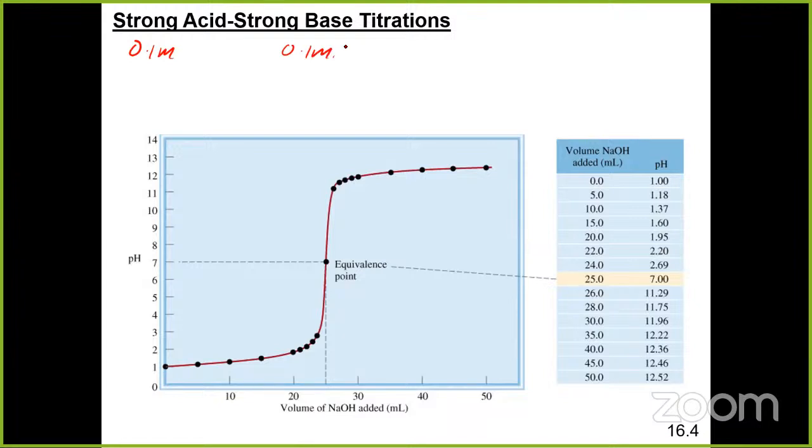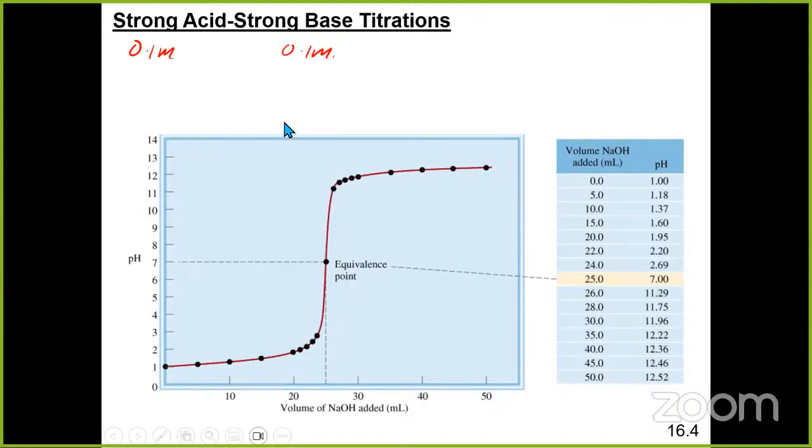So we're assuming that the molarities of both the acid and base are the same. So basically, when you get to the equivalence point, where the amount of acid being added would be stoichiometrically equal to the amount of base, then you're going to have a situation where the pH is 7, right? And that's because the strong acid will completely neutralize the strong base, right?